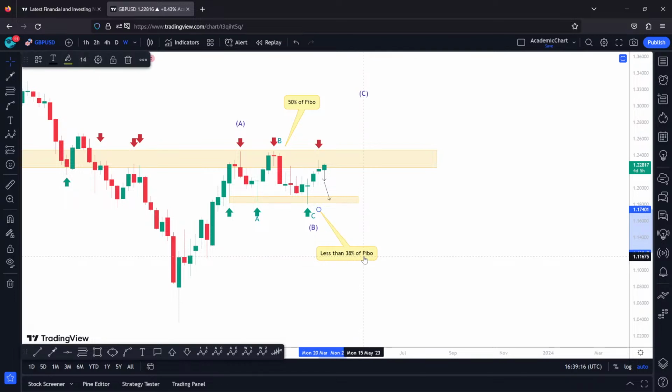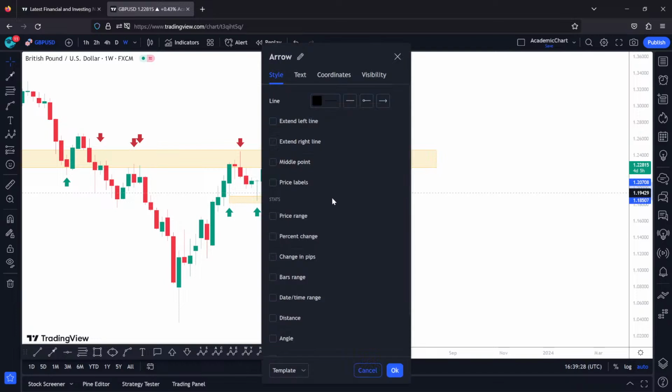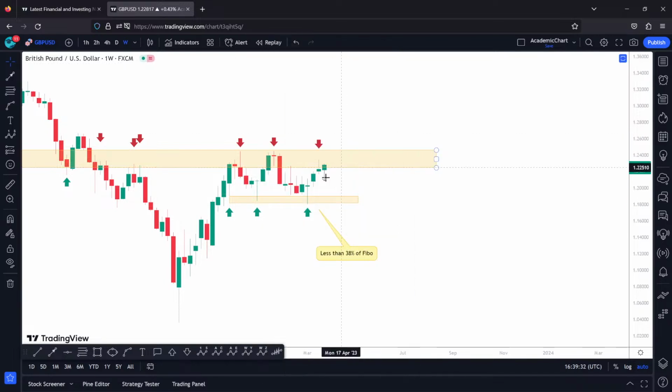So because it was the case, I can now remove these as ABC, and also let me just remove them as well to have a clear chart. It was less than that.